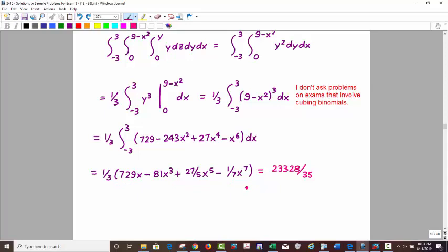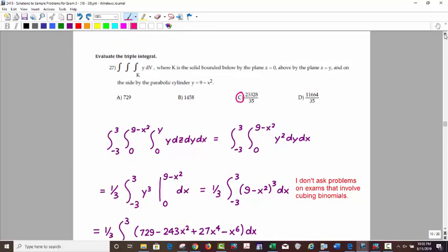Even though that wouldn't be hard to do with the definite integral capabilities on a calculator, I'd rather have problems that can still be done manually, in case someone's not using one. So it makes it fair for everybody.